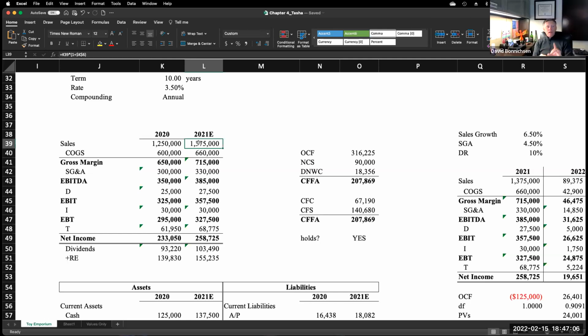Because we're operating under the assumption that our business is already at full capacity. We can't squeeze another piece of plastic off of her assembly line to produce the toys that she's making. So we're going to have to purchase new fixed assets. So sales varies naturally. COGS, SG&A, and depreciation all vary with sales.